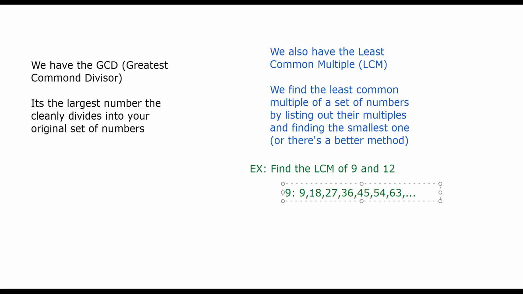Now it keeps going, but at some point, I have to limit myself. I'm going to also write out the multiples of 12 here, and hopefully I can find a common multiple between them. There we go, I just did it. But we'll keep going.